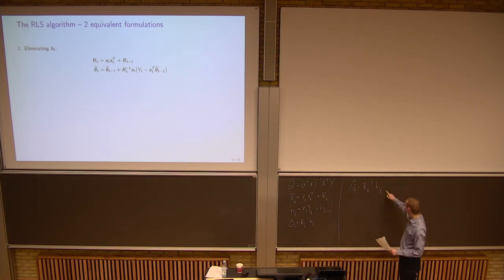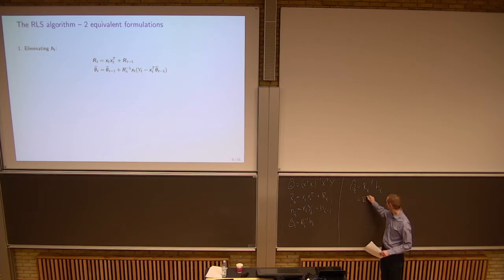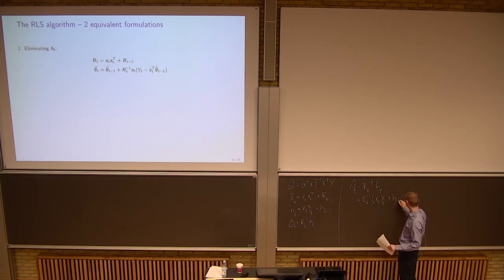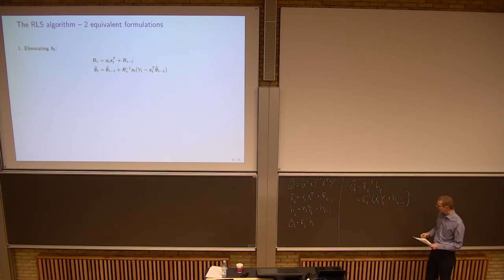And then we can take h_t and say, well, what is that? We have the inverse of R_t, and then h_t is given down here. It's x_t y_t plus h_{t-1}. And when we have h_{t-1} here, how can we reformulate this?